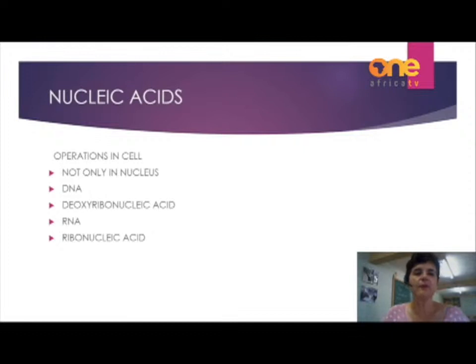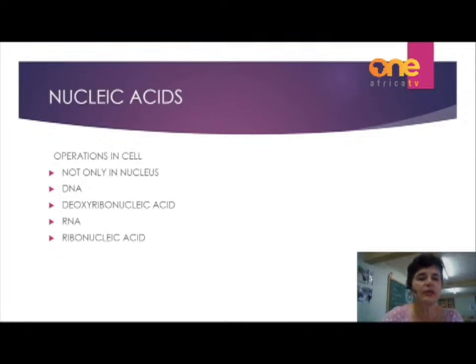So if we look at the nucleic acids, we know that DNA is the one that makes up the chromosomes. It is the one that we find in the nucleus, nucleoplasm.